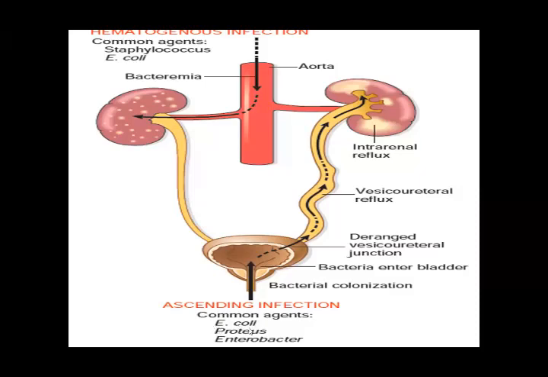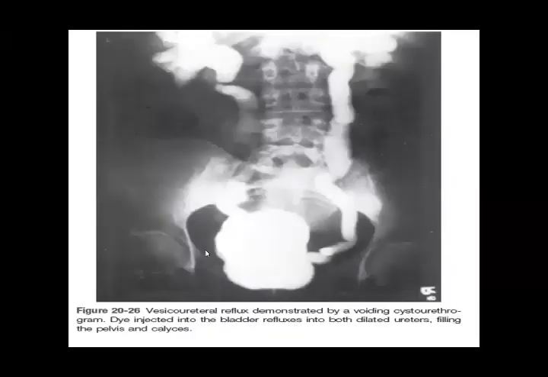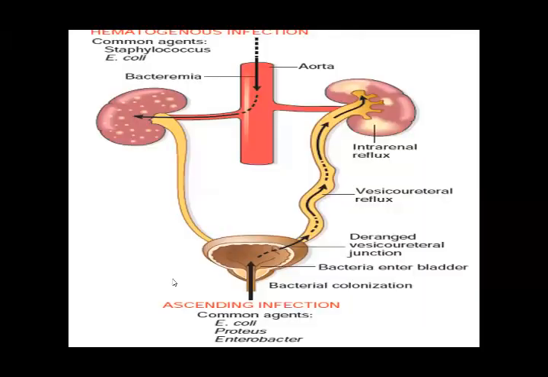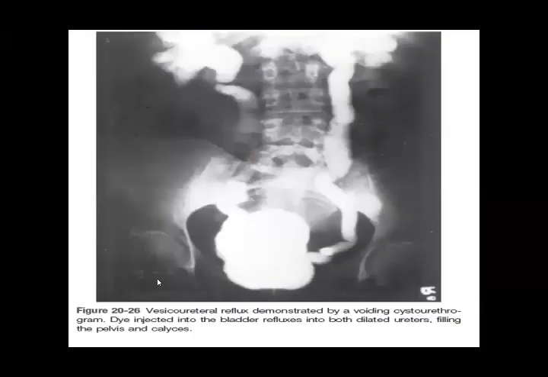In fact, E. coli is the most common in ascending infection. And then it is Proteus, and then Enterobacter. Those are very difficult to remember, but I feel like you know these things from before. Pyelonephritis could be ascending or descending, so it is simple, not as difficult as glomerulonephritis.